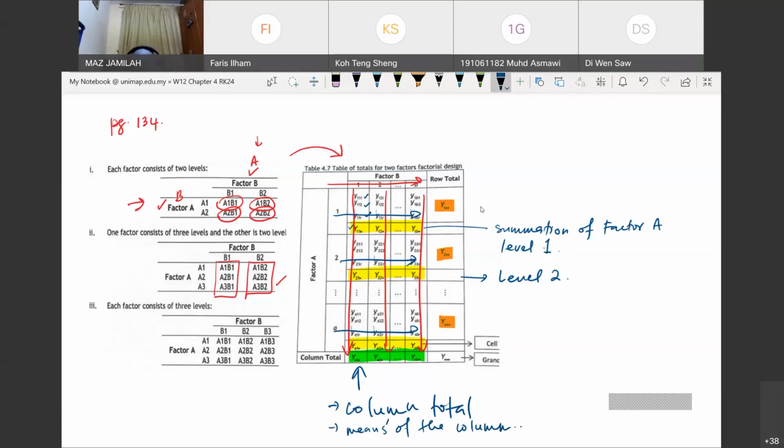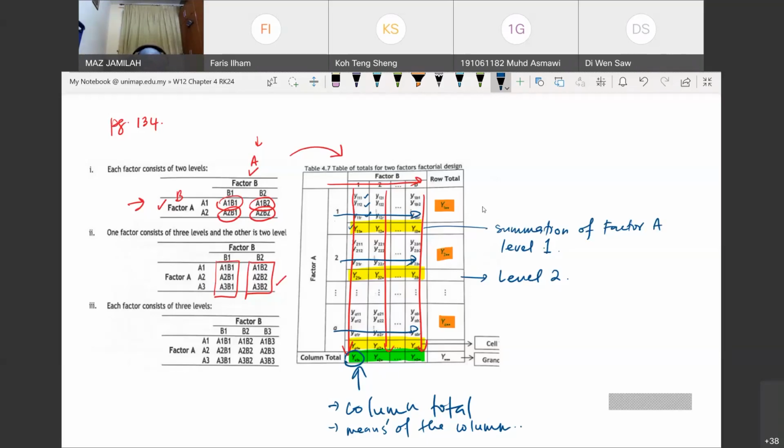How to find the mean? This will be the overall total, so you divide by the number of samples for the first column, so divide by n. The same goes for the second column until your last column.